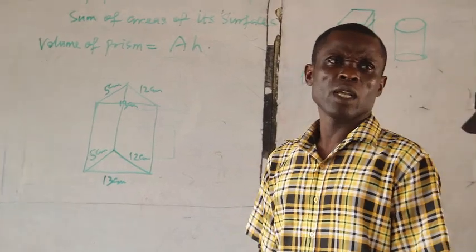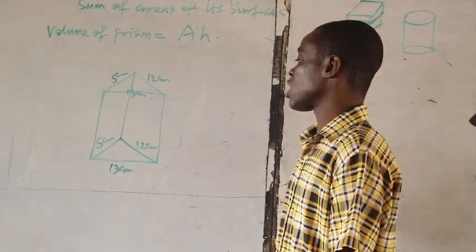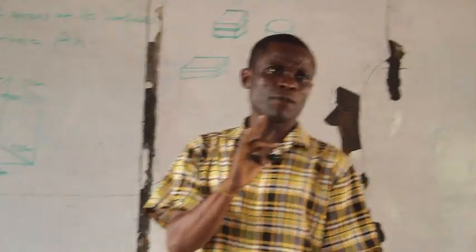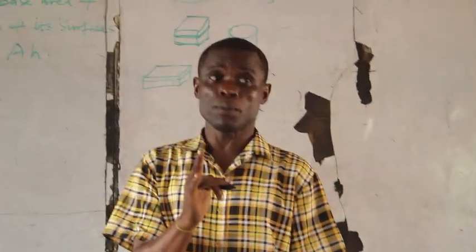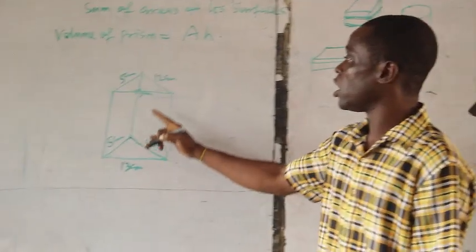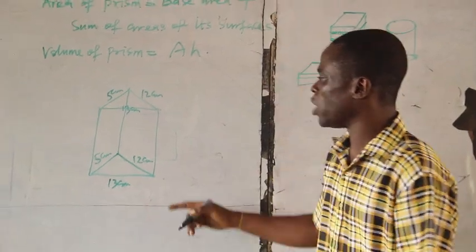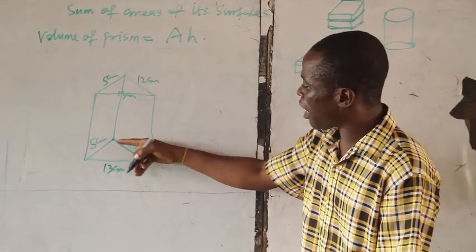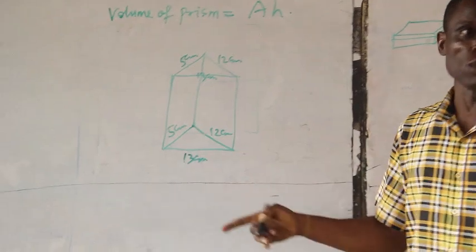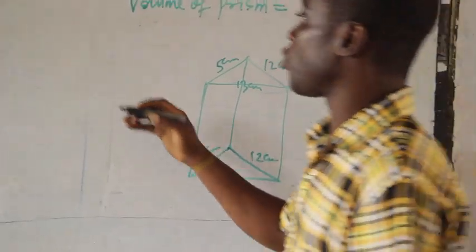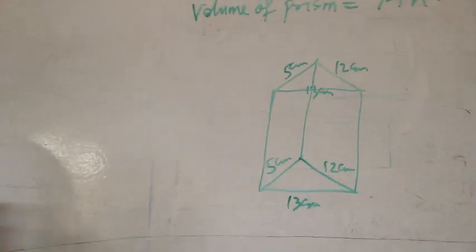Then how are we going to find the total surface area of this prism? There is no specific formula for finding that. It depends on the shape. To find the total surface area, I have to open this up. Let me open that shape for you to see the net.